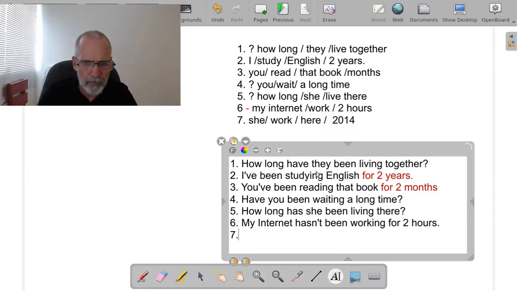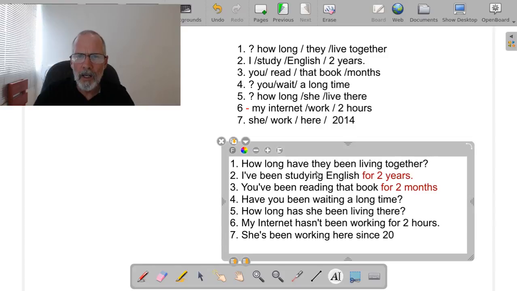It's a statement. She has not. Graciela's got the right answer. Only Graciela didn't use the contraction. Here we can use the contraction. She's been working here, and Sarah also has the correct answer. She's been working here since.